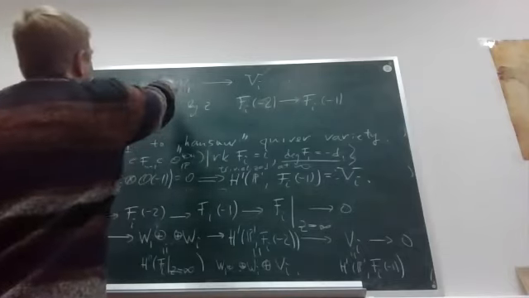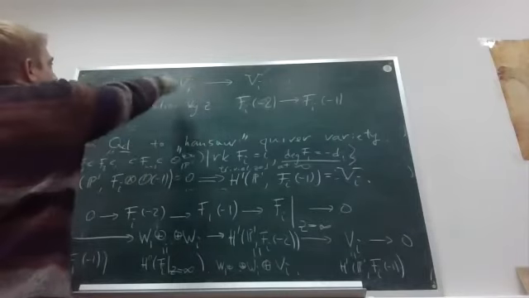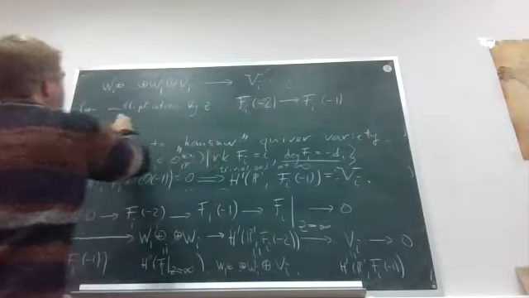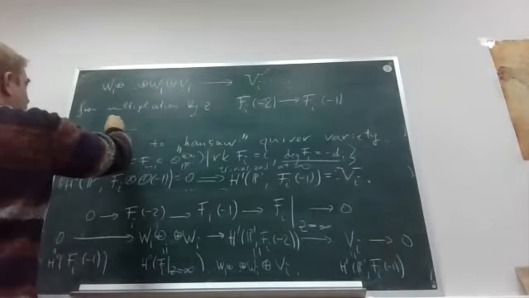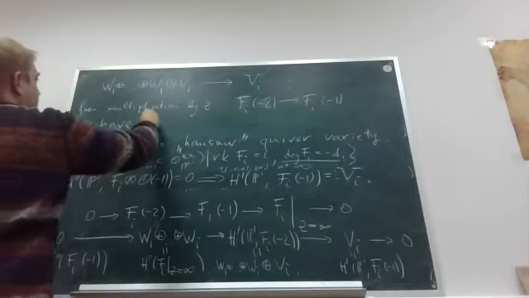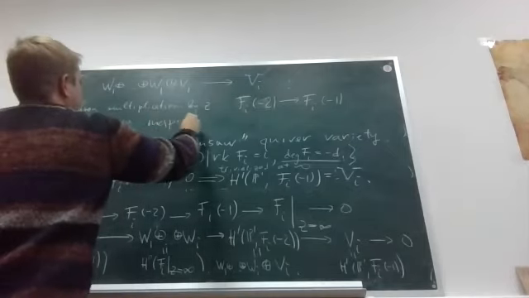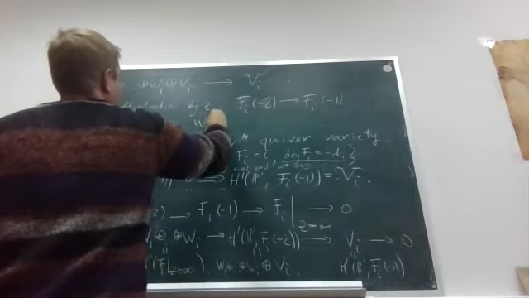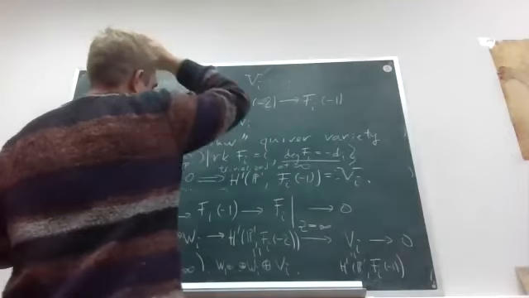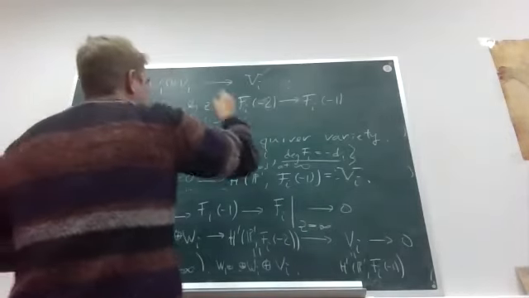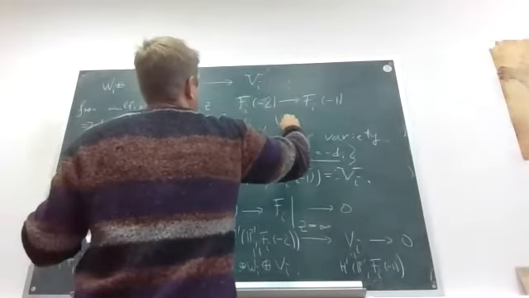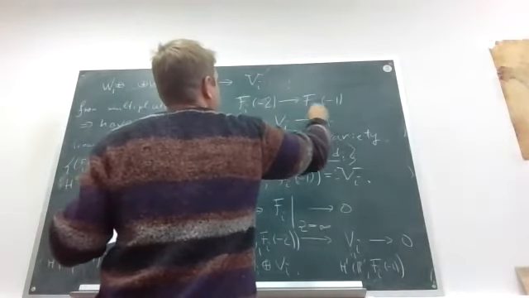So the components of this map give me maps from Wi to Vi, which is P, and from Vi to Vi, which is A.